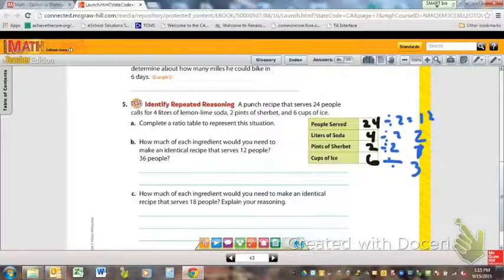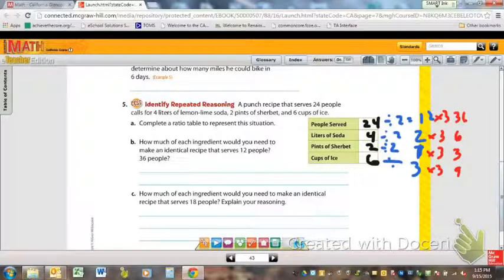Now it asks you how many for 36 people. Well, take your 12 people and times that by 3 to get your 36, and times the liters of soda by 3. So you're going to have 6 liters of soda, 3 pints of sherbet, and 9 cups of ice.